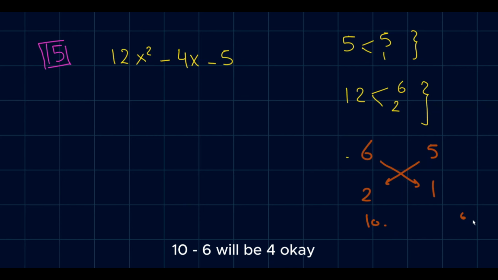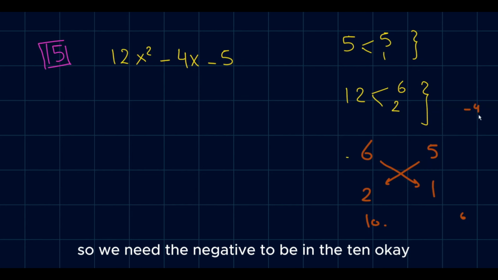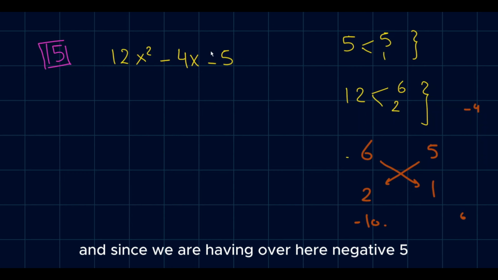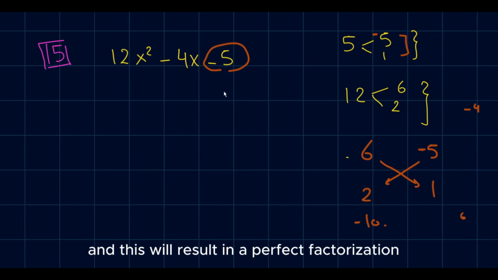Okay, 10 minus 6 will be 4, but we need the result to be negative 4. So we need the negative to be on the 10. Since we have negative 5 here, one of these will have the negative, so it's better to be negative 5. So the negative 5 will also go here, and this will result in a perfect factorization.